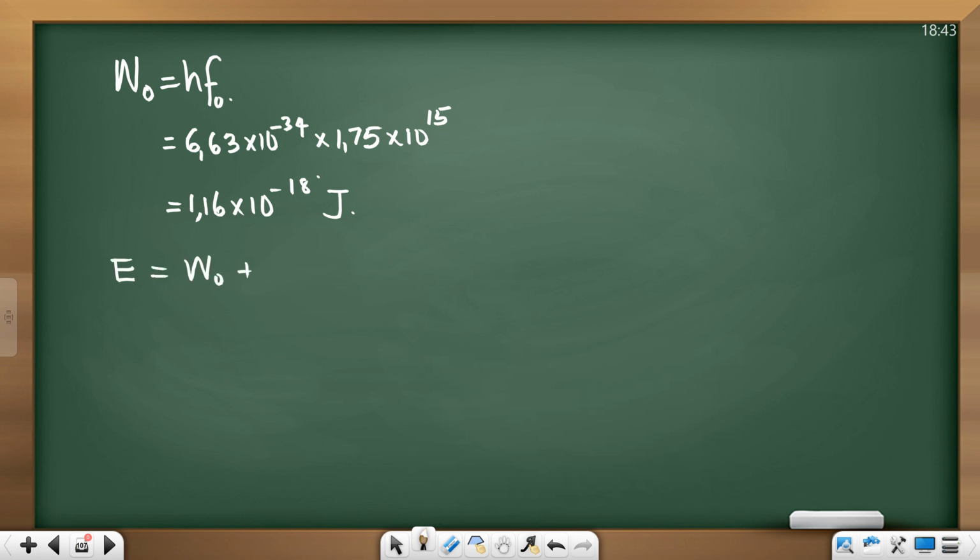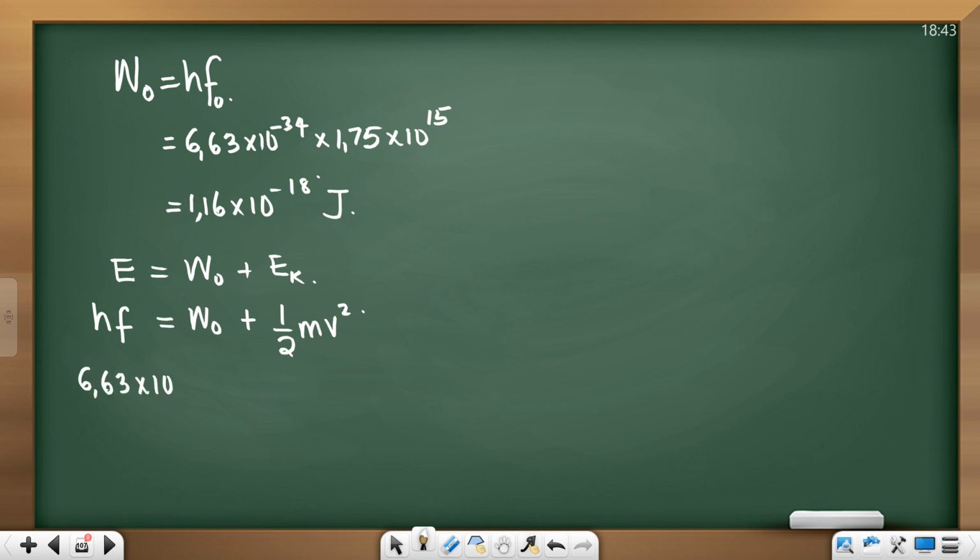Work function plus kinetic energy. But we are looking for frequency, remember, and here is where my frequency is. I already know the work function. They gave me velocity, so I have to break this down: half mv squared. All we need to do is substitute now.